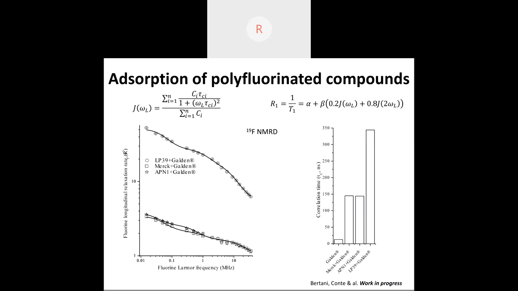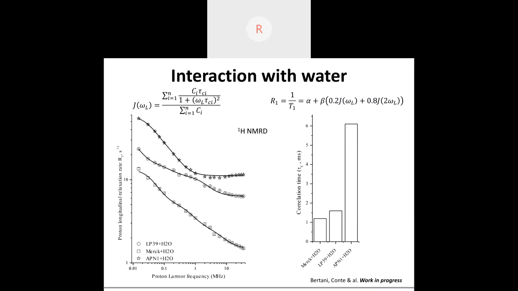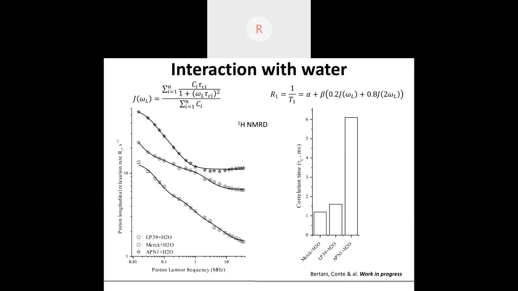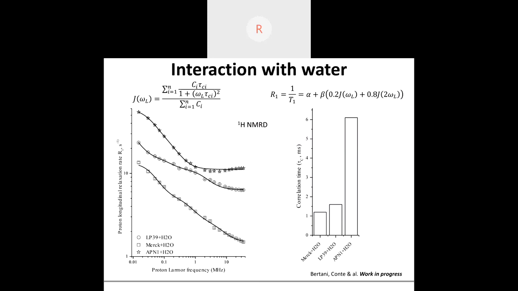We also did these experiments, and surprisingly, we saw what you see in this slide. The Merck sample, the biochar called Merck, remained in the same position as before, more or less, while the NMR curve profiles from the LP39 and the APN1 biochars changed completely.